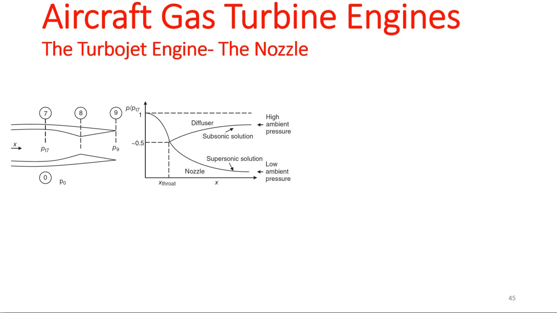Make sense? But if you have a very low back pressure, your convergent divergent nozzle will continue acting as a nozzle, right? Which means that you will have, what are we going to have if this acts as a nozzle?